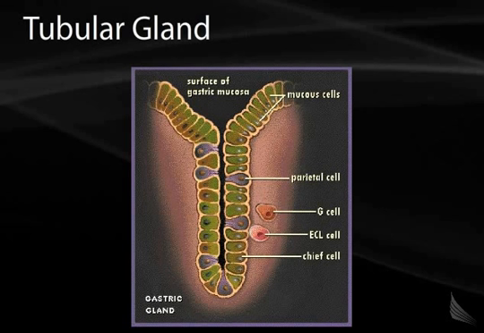Several glands open up on a common chamber known as a gastric pit. As you can see from this diagram, the chief cells, the enterochromaffin-like cells, and the G cells are all present, and the mucus-secreting cells are present at the top of the gastric pit. This becomes important because this helps to keep the pH of the cell surface at 7.